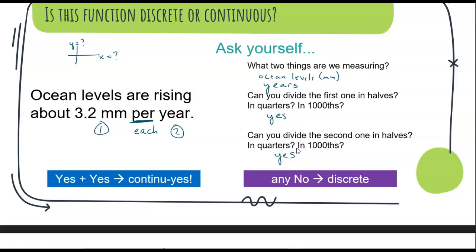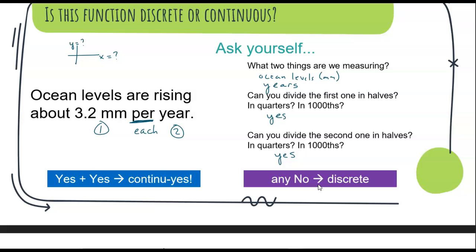If we have two yeses here, then we say this is continuous. If we don't have two yeses, so if we have one yes or we have both no's, then it's going to be discrete. So two yeses, continuous; anything else is going to be discrete.